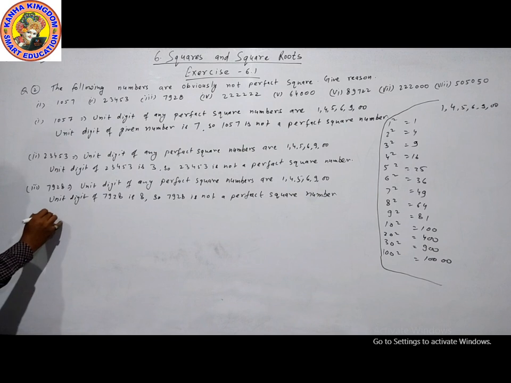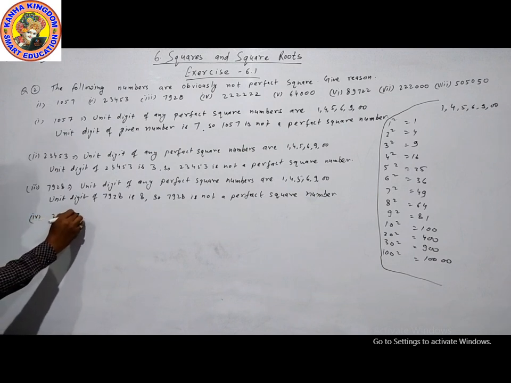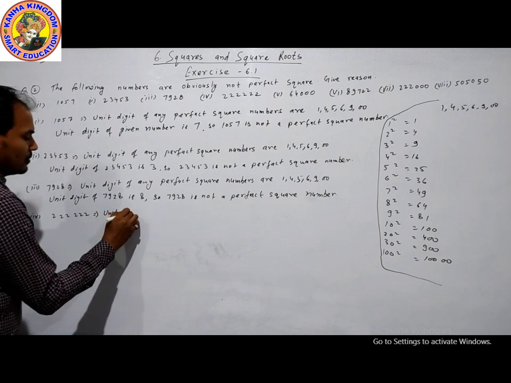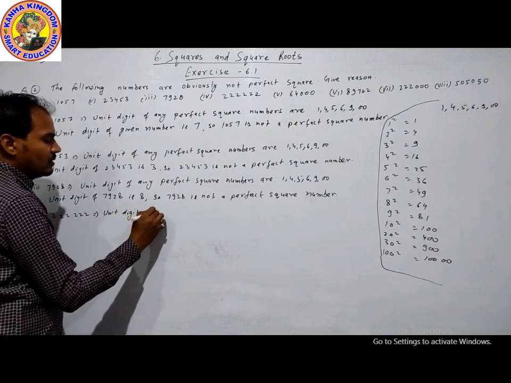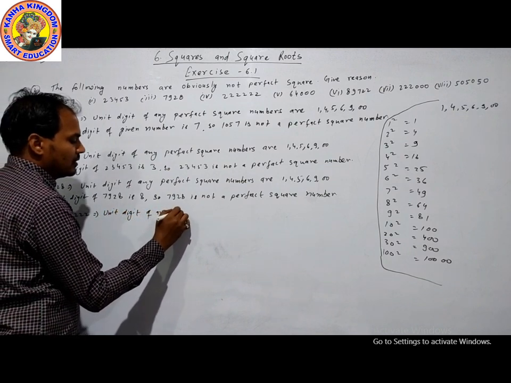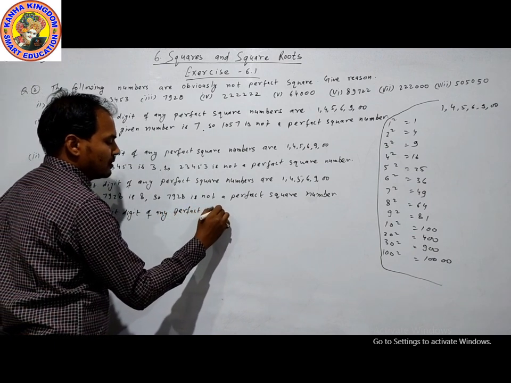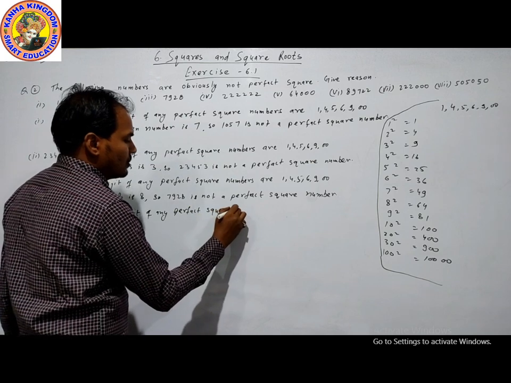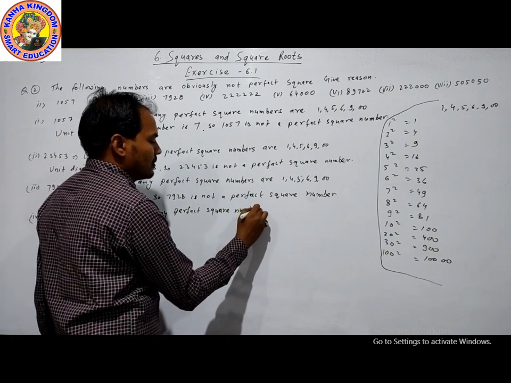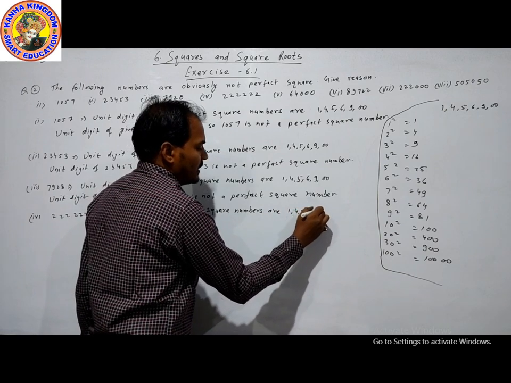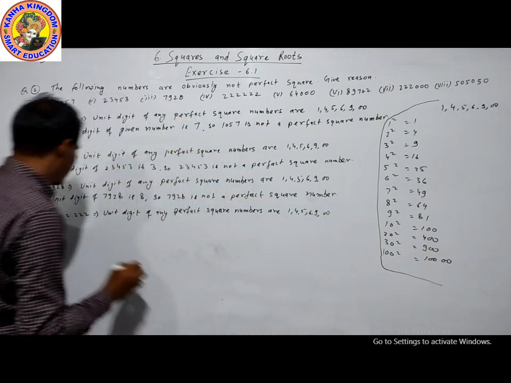Taking the fourth one, 222222. Unit digit of any perfect square numbers are 1, 4, 5, 6, 9 and 00.